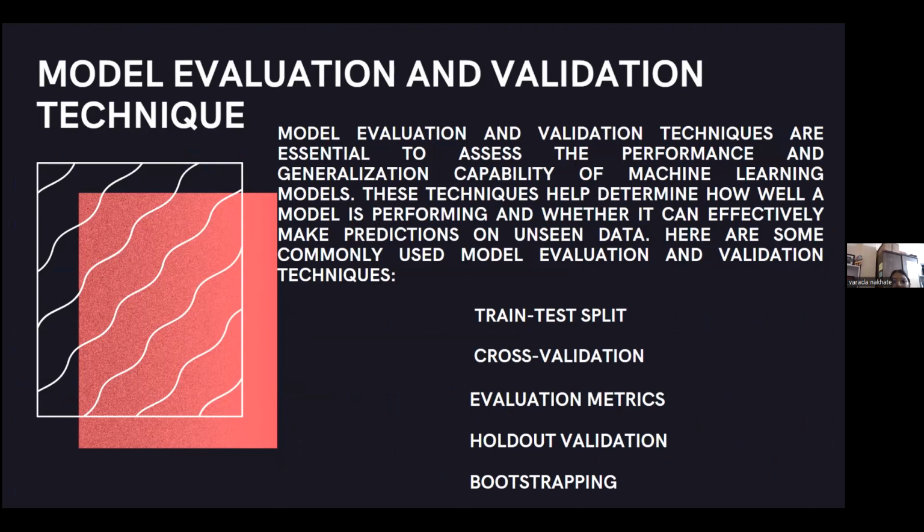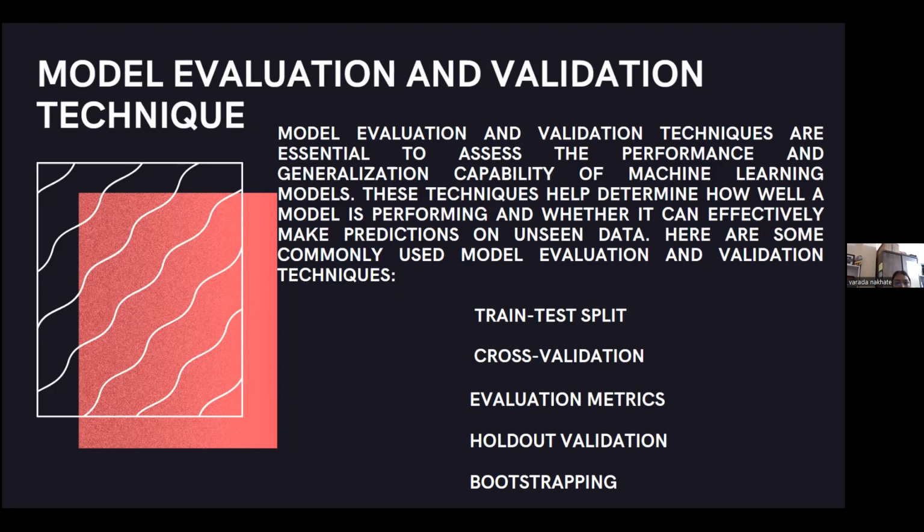Like if we are using data science in the stock market, we need to have that much accuracy, and this accuracy can be tested and validated with the help of methods like train-test split, cross validation, evaluation metrics, holdout validation, and bootstrapping.